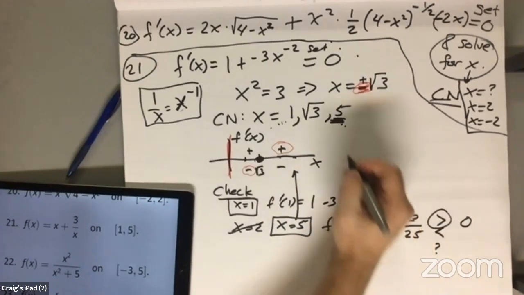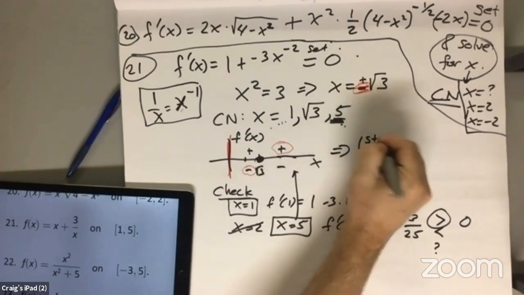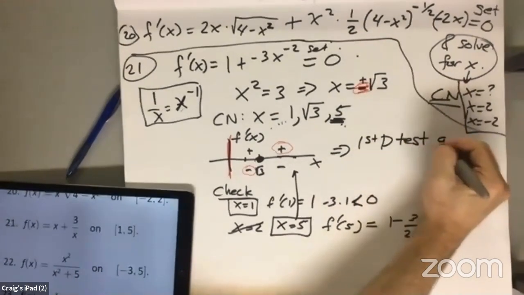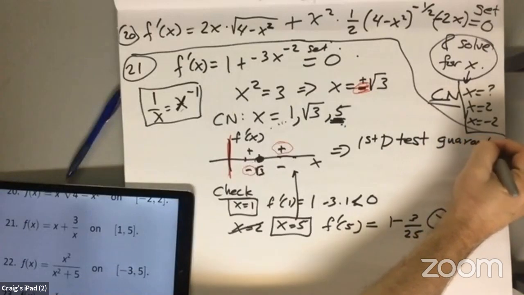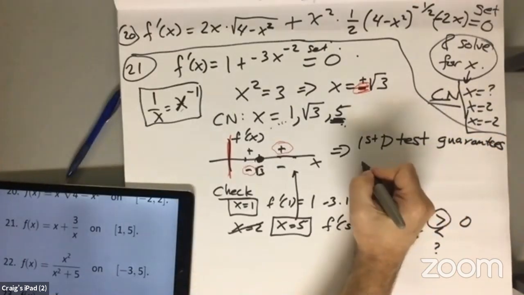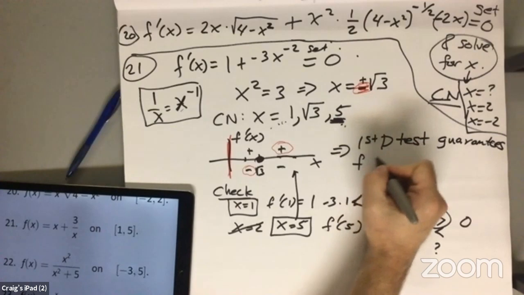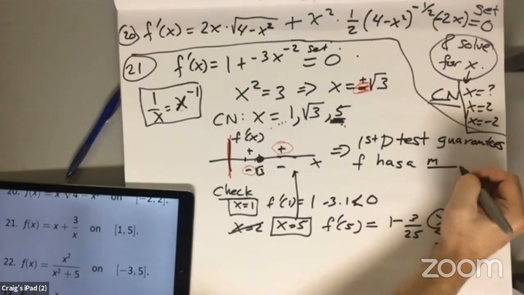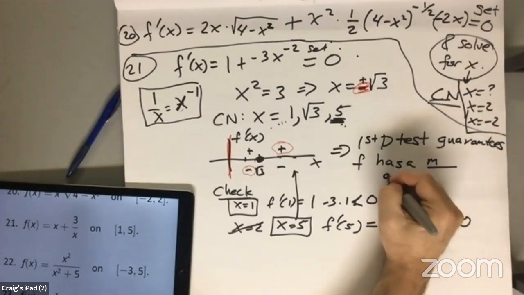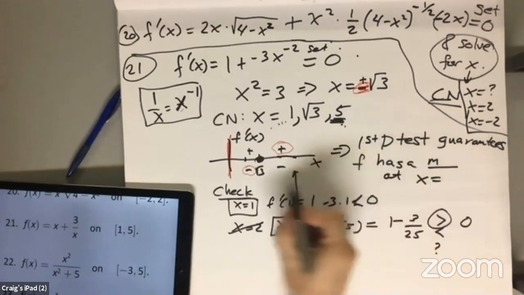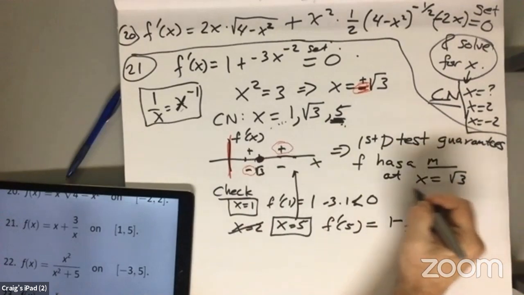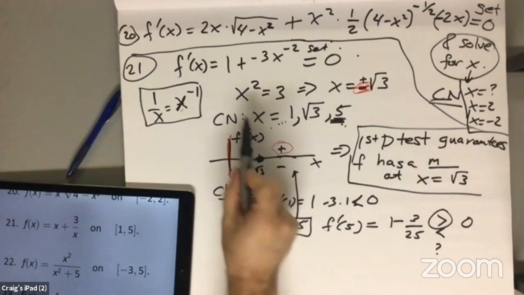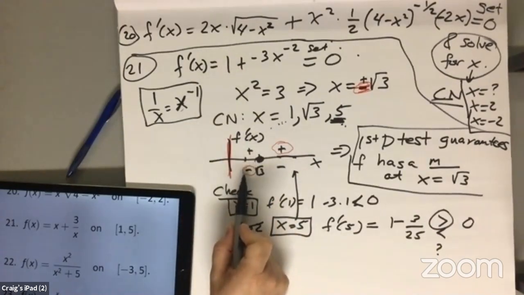And so because of this, the first derivative test guarantees that f has a max or a min at x equals the critical number square root of 3. So the first derivative test is checking that the first derivative is negative here, then positive here.